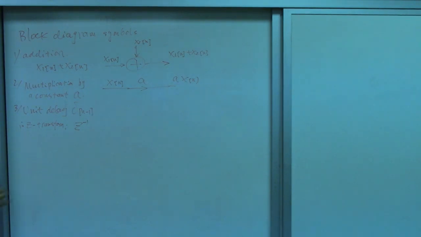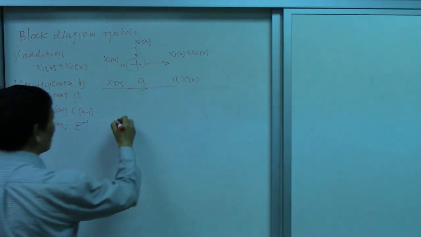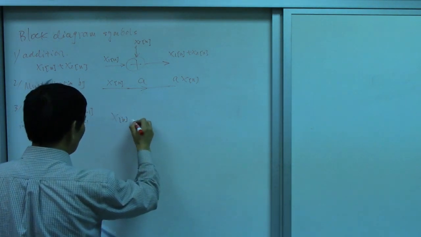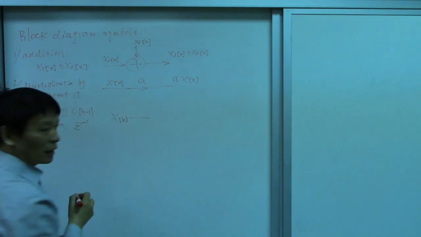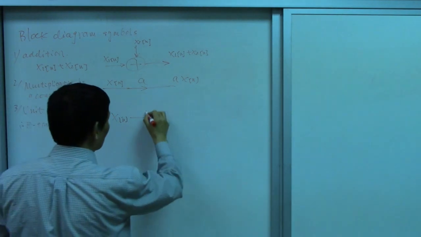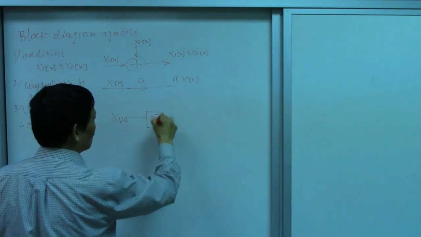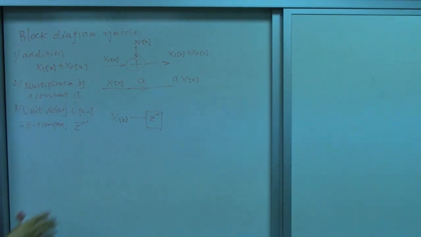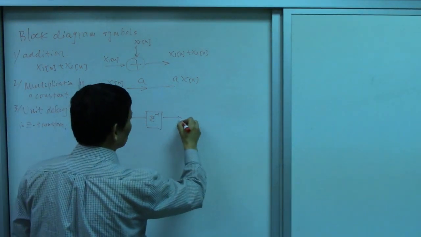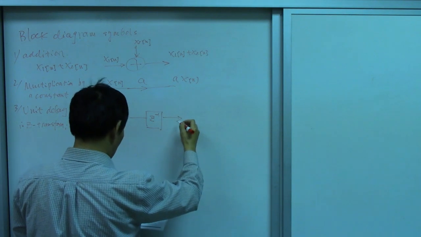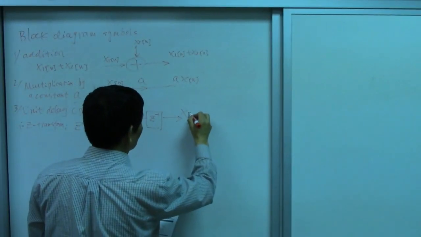So if we have x[n], and we want to delay by one time, we have this square here, and we write z to the negative 1 inside. That means delay by one time. So what we have on the right hand side will be x[n minus 1].